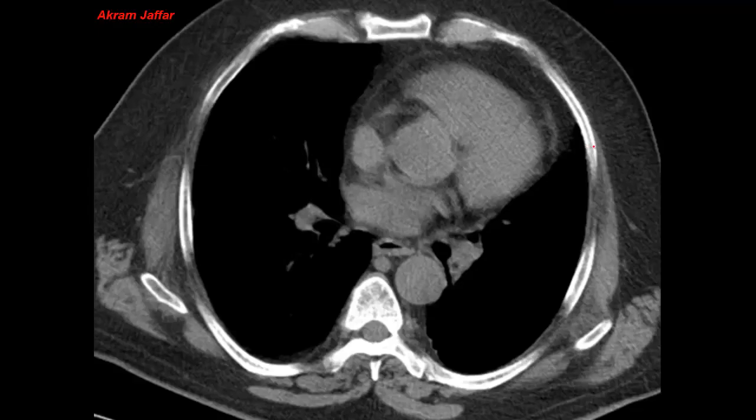This is another CT scan showing the heart. Behind it are the esophagus, azygous vein, and the descending aorta on the left side. In the heart, we can see some shadows of the left atrium, right atrium, vestibule of the left ventricle, and the right ventricle.